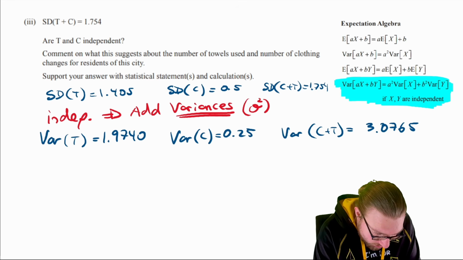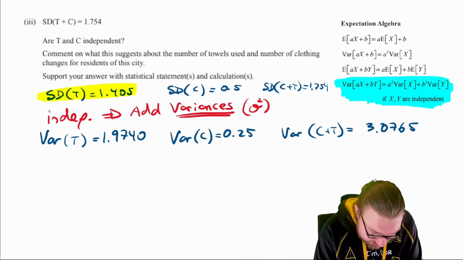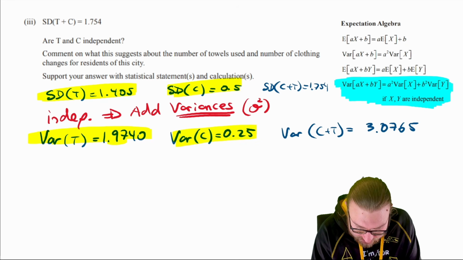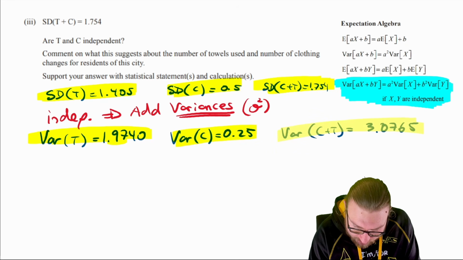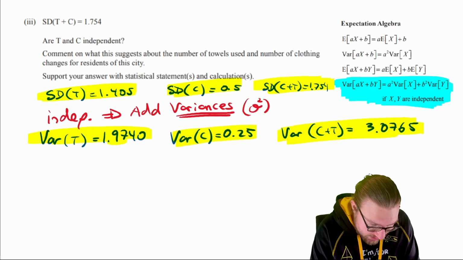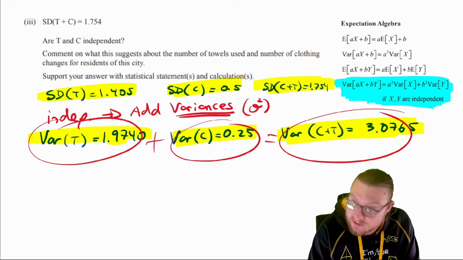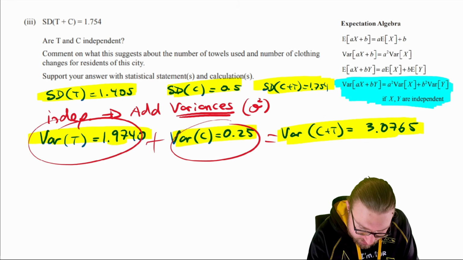Awesome. So all we did is convert the standard deviation to the variance for each of these numbers by squaring them. Now we can use our formula, which says that two of those are added, and that should be the same as the other one. Well, let's see if that's the case.